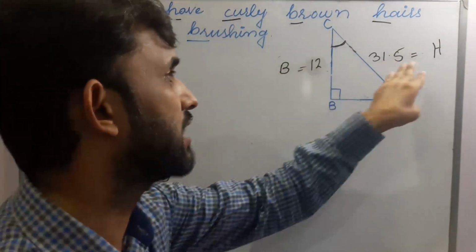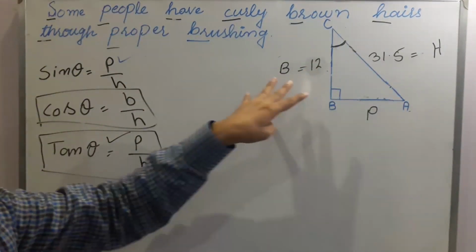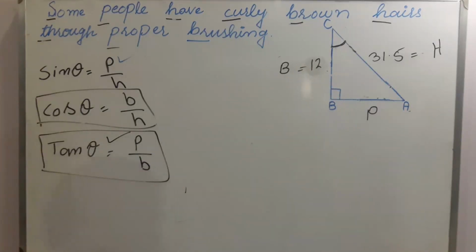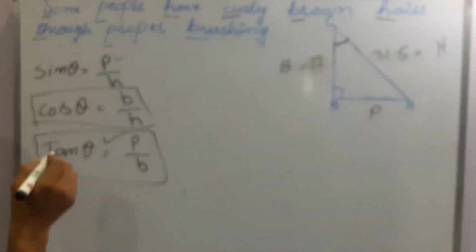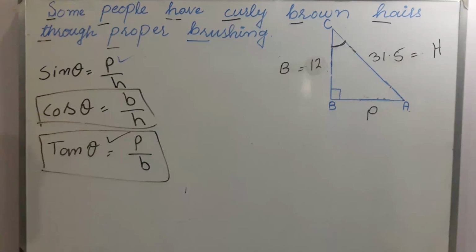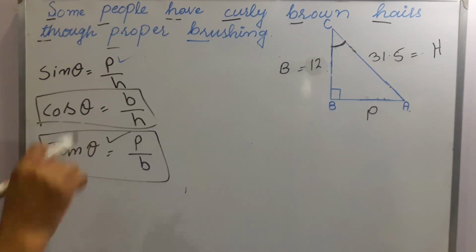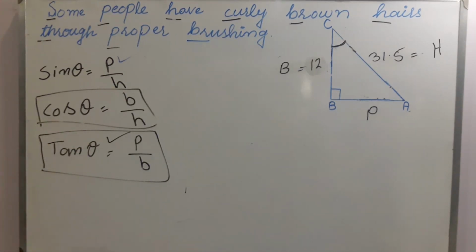Now we have base and we have hypotenuse. So first we have to decide which formula will be used. Base and hypotenuse is in cos theta. Sorry, we have to change the value because we have to use sin theta. It is just perpendicular over hypotenuse.